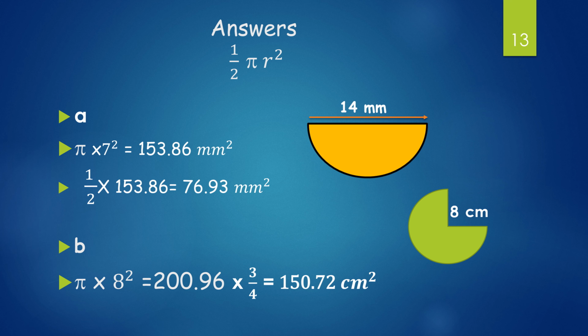Times pi, 3.14. The area is 200.96 centimeters squared. So what's the area of the total of this shape? It's 3/4 of a circle that is left. So you times it by 3, then divide it by 4. It's 150.72 centimeters squared.